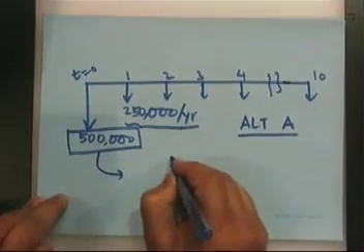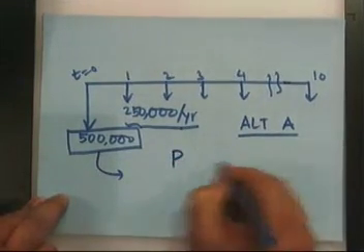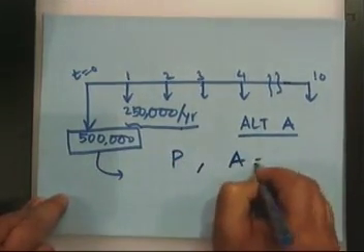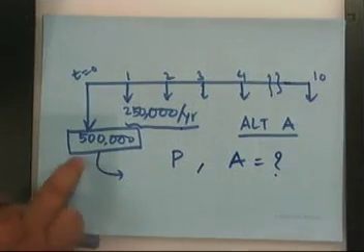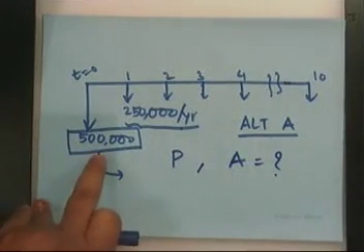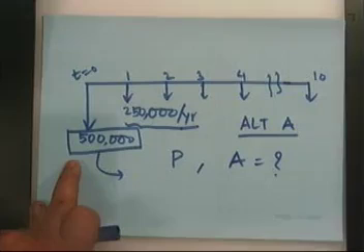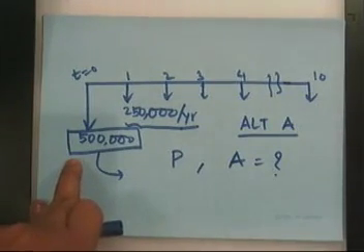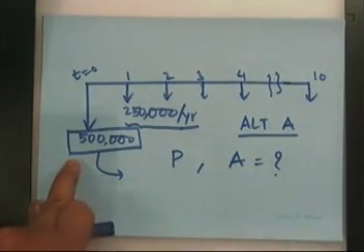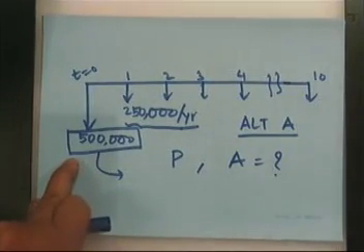So, what I need to know is A corresponding to this. What is given to me? I know P, I am interested in knowing A. That means this 500,000 is equivalent to what amount to be spent on an annual basis for the next 10 years.